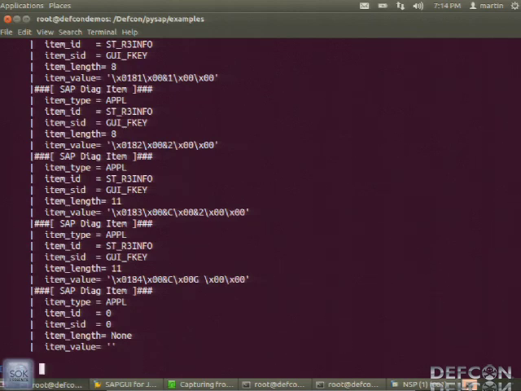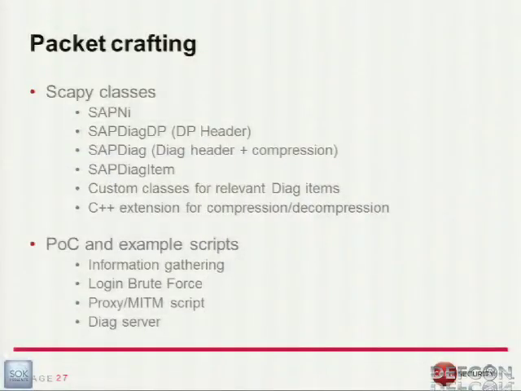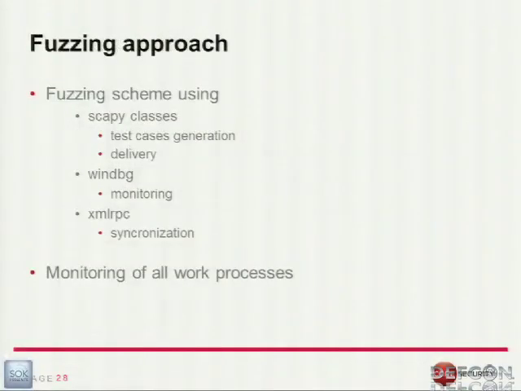So obviously, each of these items and each of these fields can be manipulated, and you can also craft your own packets using these tools. So let's move on to how I use these tools.